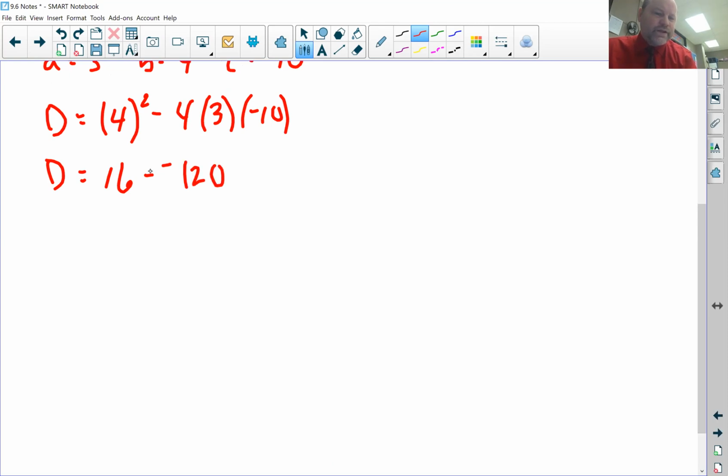So subtracting a negative is the same as adding a positive. So our discriminant is 136.